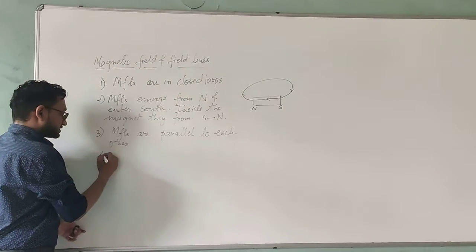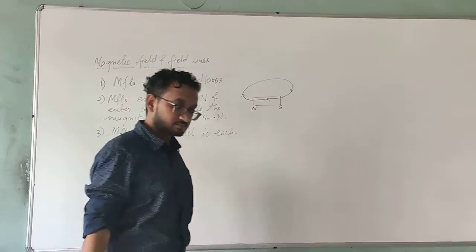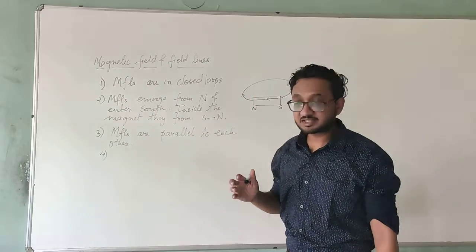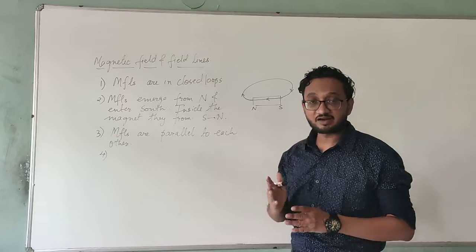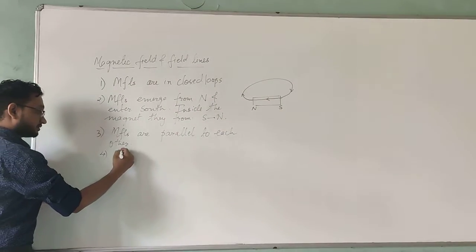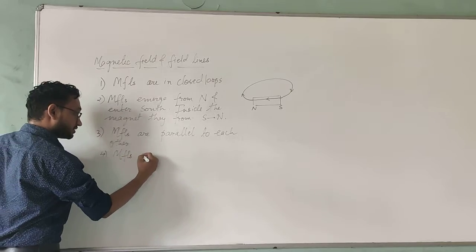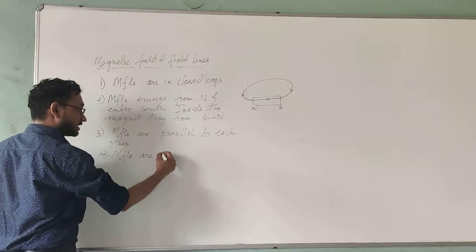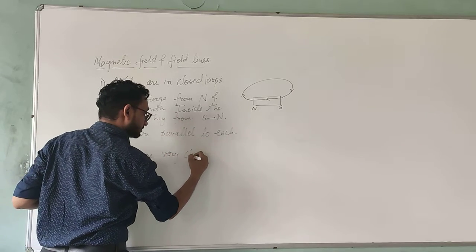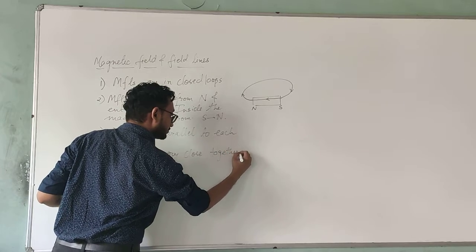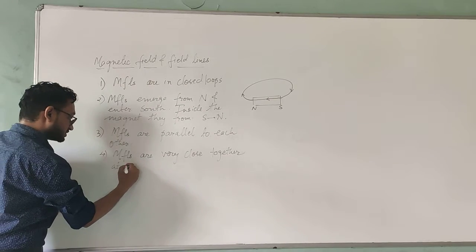The fourth one is, the magnetic force of a magnet is the strongest near the poles because the field lines are crowded at the poles. Magnetic field lines are very close together at poles.